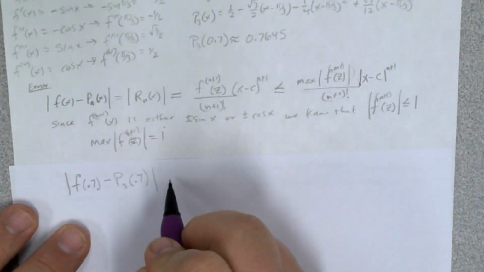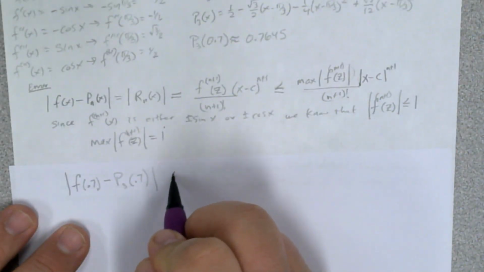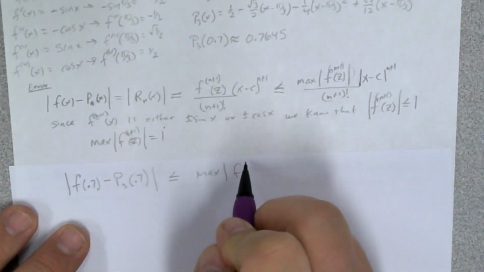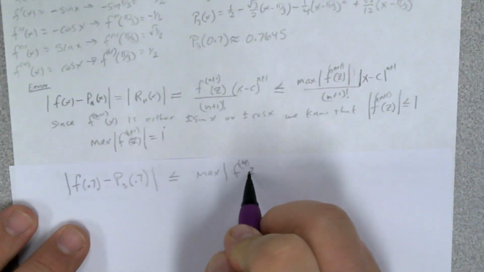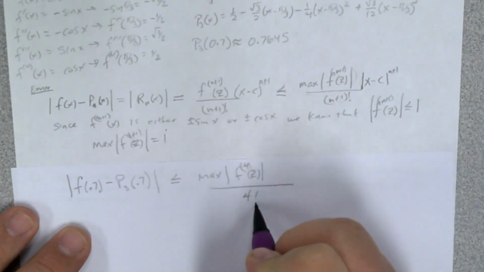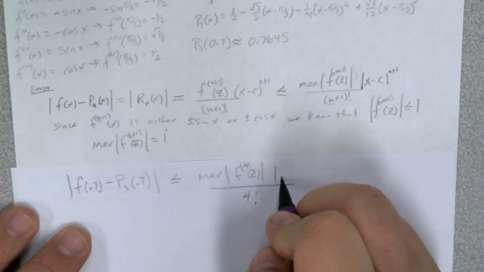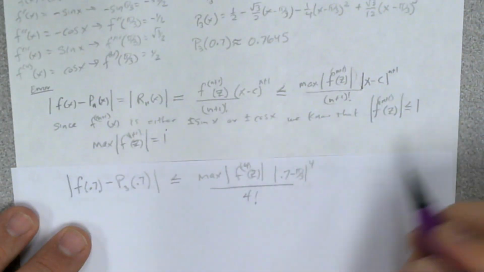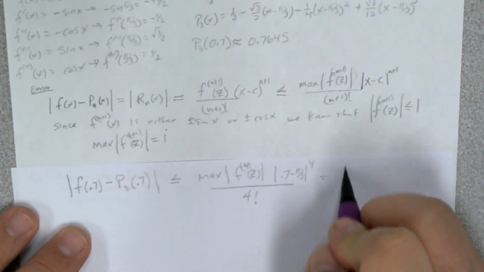Okay, this right here is less than or equal to the max of this, the fourth derivative of z, over 4 factorial, times 0.7 minus pi over 3 to the 4th power, and that's going to be 1.